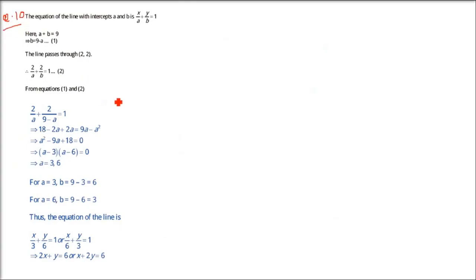This is question number 10, and this is an NCERT question. Find the equation of the line passing through the point 2, 2 and cutting off intercepts on the axes whose sum is 9. So assume the equation of the line with intercepts a and b is x by a plus y by b equals 1.